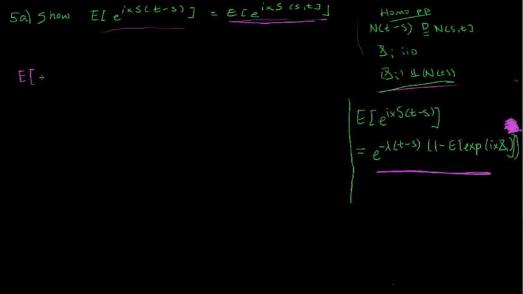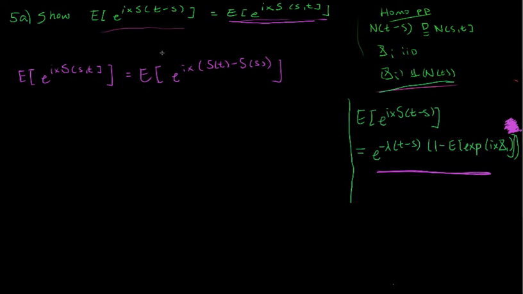So the mean value of e to the ix, that's S(t), is equal to, well, by definition, what we actually have is e to the ix (S(t) minus S(s)), right?